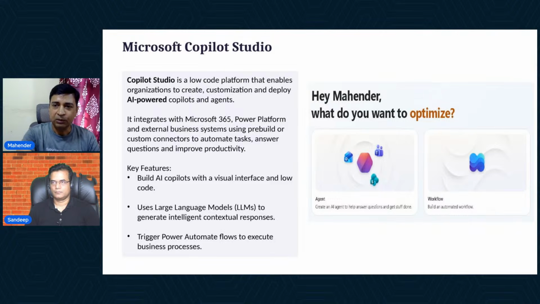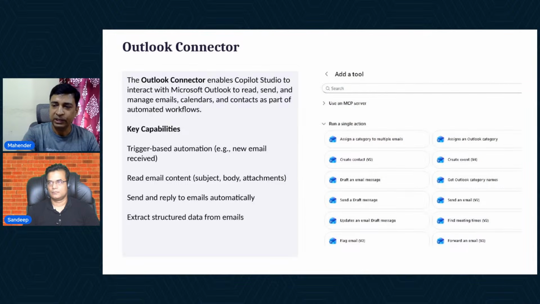So now we have the basic idea of Microsoft Copilot Studio. Now let's see what connectors we are going to use and what their role will be in this automation. As I said, this automation will start from the email. We will get the requirement, and it will be sent over email to our agency.